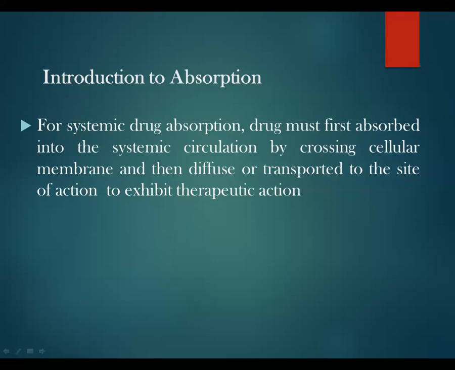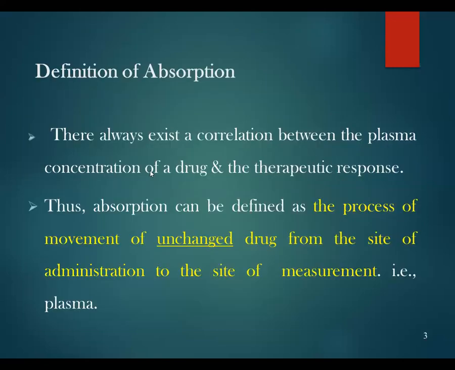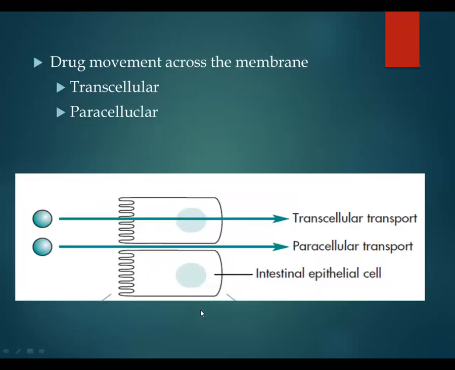That's called distribution. Fine. So in continuation, yesterday we learned the definition of absorption. We understood it as the movement of unchanged drug from the site of administration to the site of measurement, that is your plasma sample. We also got some idea about the major mechanisms by which the drug undergoes absorption, transcellular and paracellular.